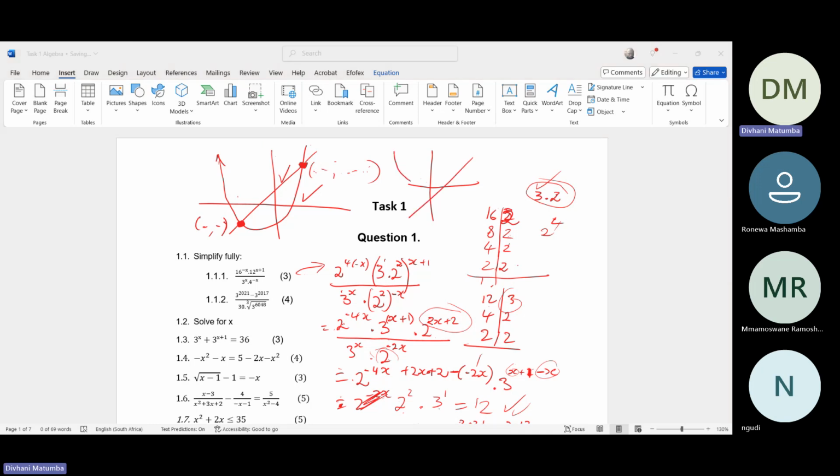It can happen that your parabola does not cut your straight line. Or it can also happen that your parabola just touches your straight line only once. That's when you will get one solution. But if it doesn't touch, when you solve for x and y, you will get no solution.